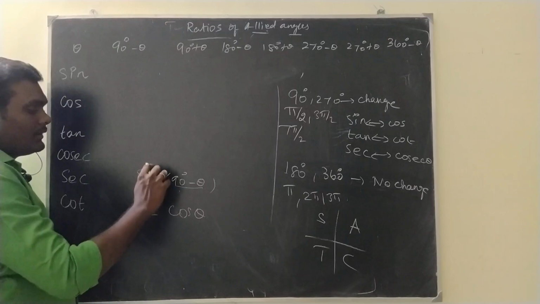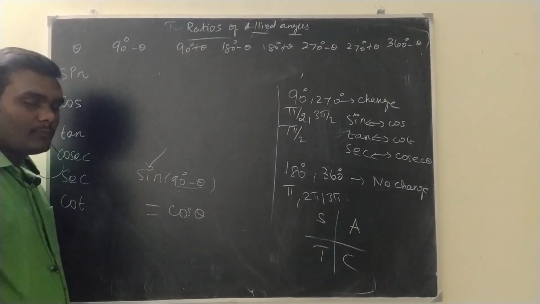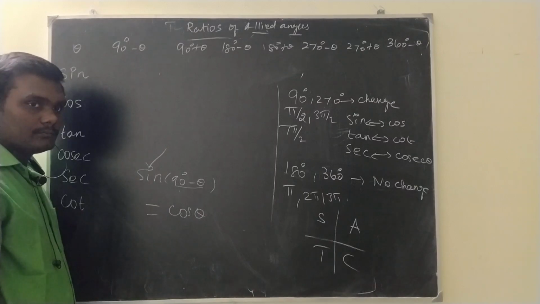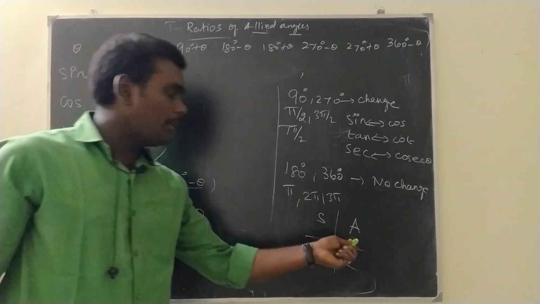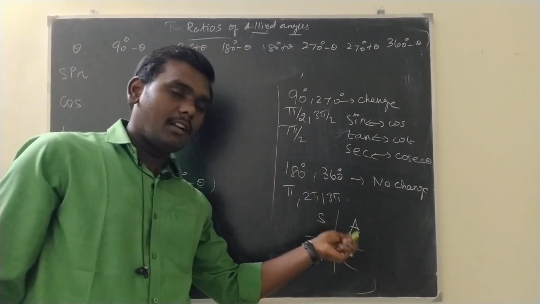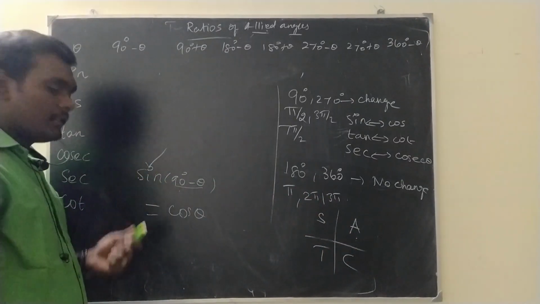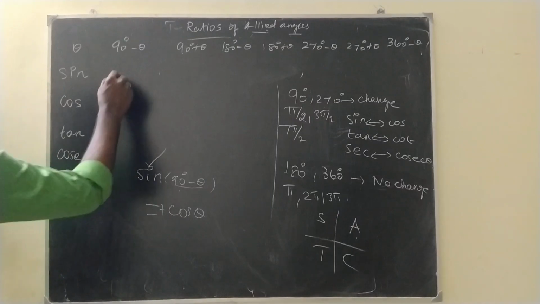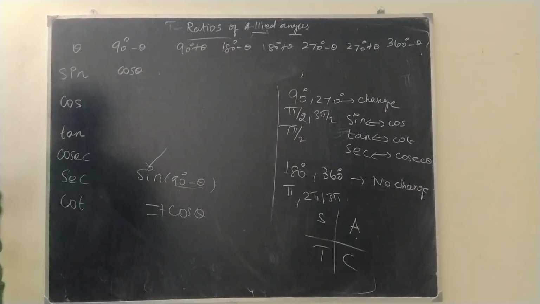In the first quadrant, the sign is positive. So it will be cos theta.